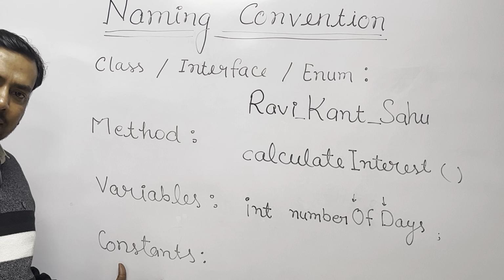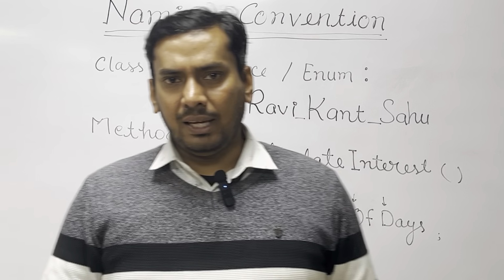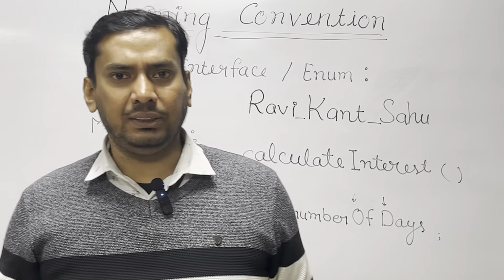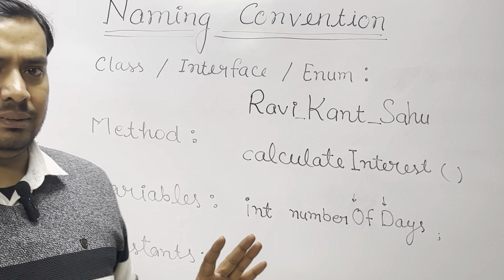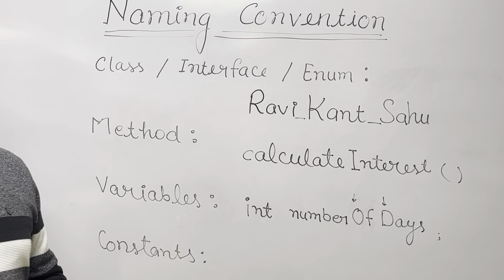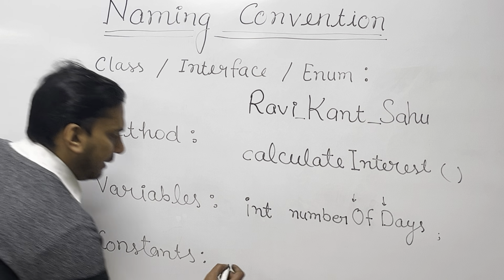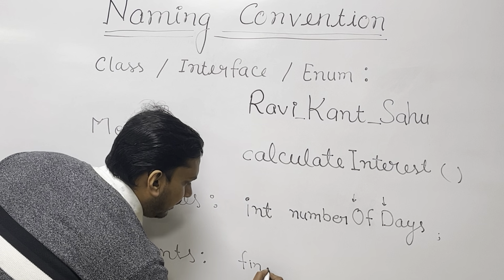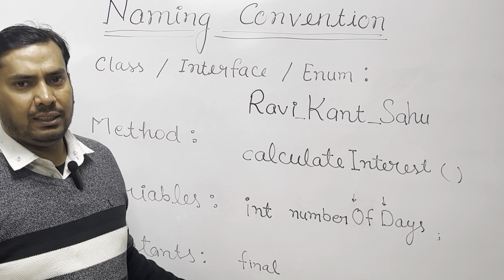Now the last one is constants. In Java, constants have the naming convention of all uppercase. Constants are declared in all uppercase fashion. Let us say I have to declare a constant like max. We can write final, as I have already told you that in Java constants are declared using final.